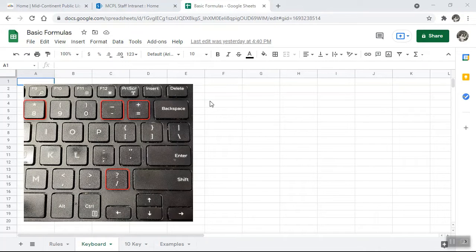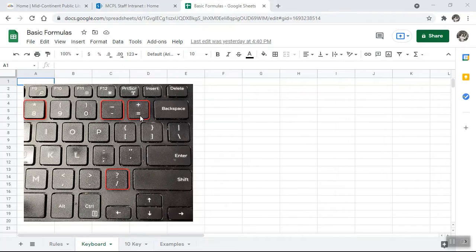As you look at your keyboard, you'll notice that in the upper right you have the backspace key, and the backspace key is to the right of the row of numbers that you have on your keyboard. To the left of backspace, the very first key is an equal sign, and then above the equal sign is a plus sign.